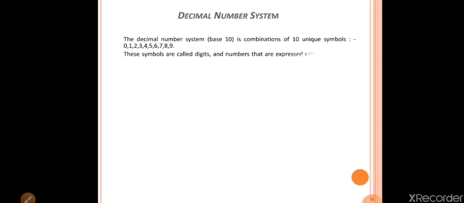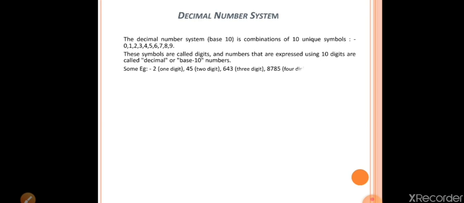These symbols are called digits, and numbers that are expressed using 10 digits are called decimal or base 10 numbers. The decimal number system is the combination of 10 unique symbols, 0 to 9, and these numbers are defined by the base 10.